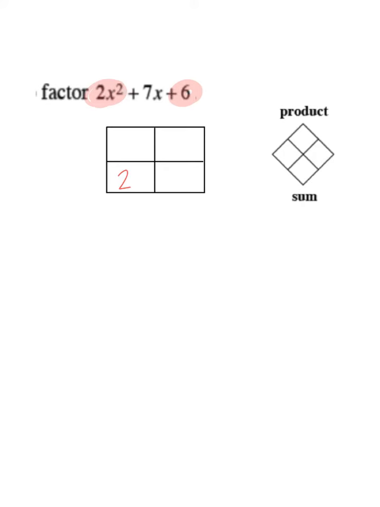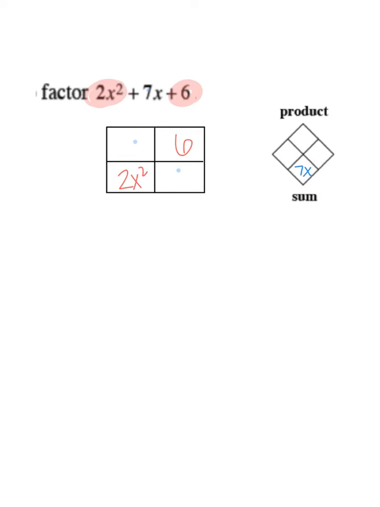So we'll put the 2x squared in the bottom corner and the 6 opposite of it. And then we know that these remaining two boxes, even though they're empty, need to add together to make 7x. So I'm going to put that 7x down here because I need to add two numbers to make 7.